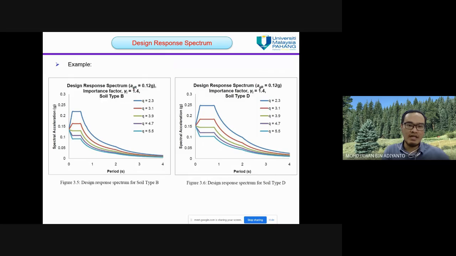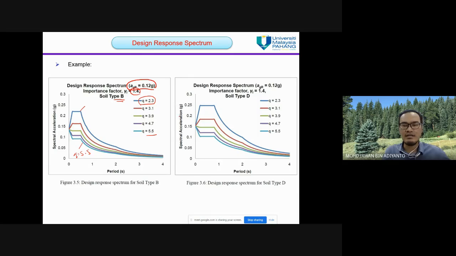This one is developed based on alpha gR equal to 0.12 g and soil type B, where the importance factor is 1.4. So we can see here that this one is for behavior factor q 2.3, the highest one, and then the lowest one is for q 5.5.